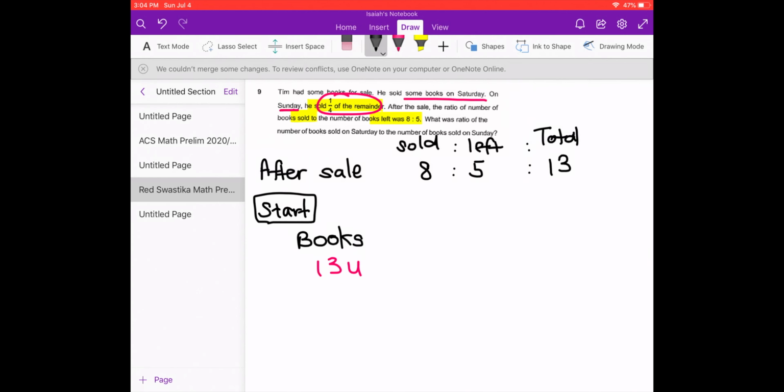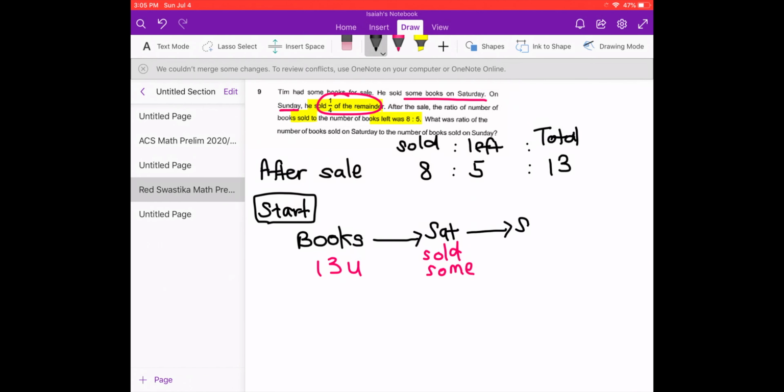Comes Saturday, he sold some. How many? We do not know, but we know that he sold some. So we're just going to put this here. He sold some of them.